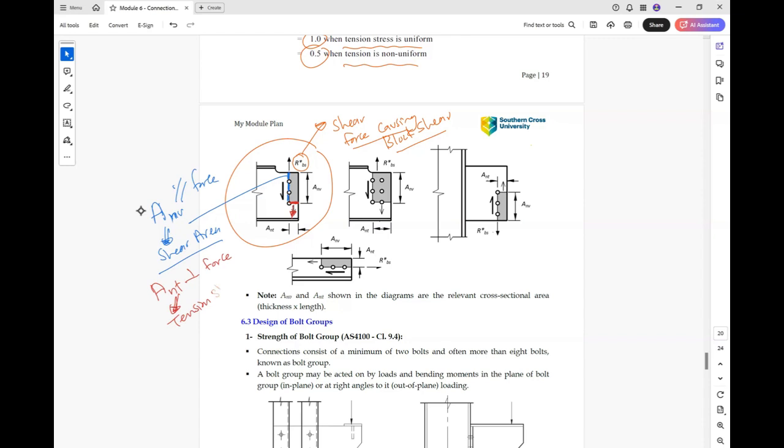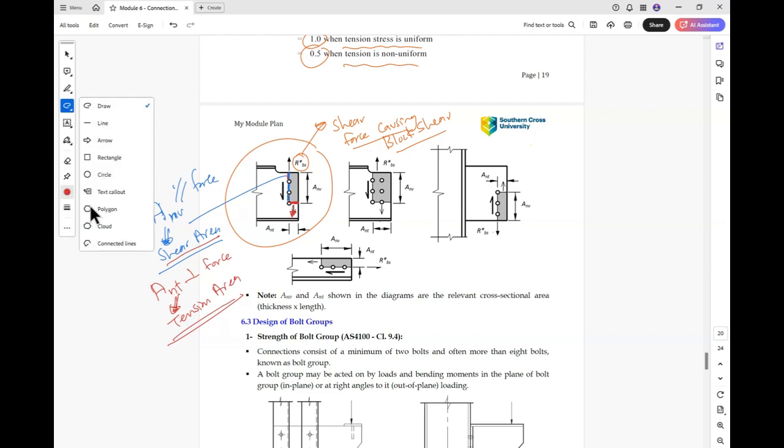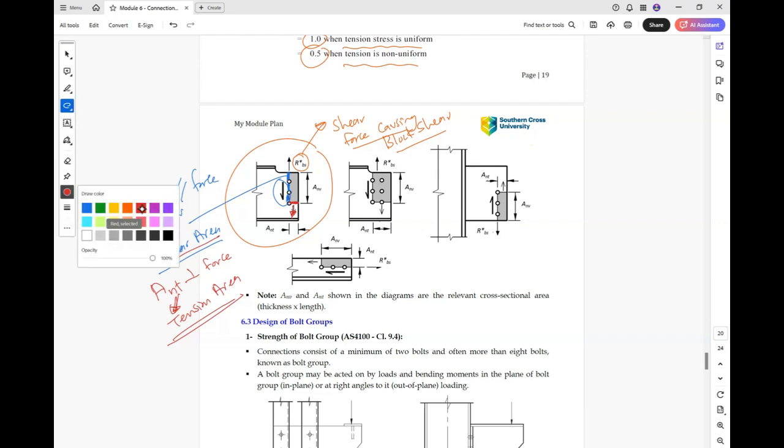So there are two types of stresses in this case, shear and tension. The shear area again is the blue one, parallel to the force, that's why it is shear. And the other one is perpendicular to the force, or the tension one.